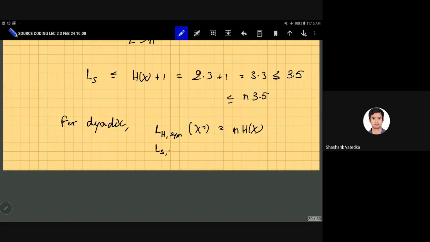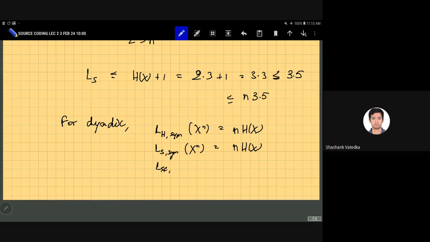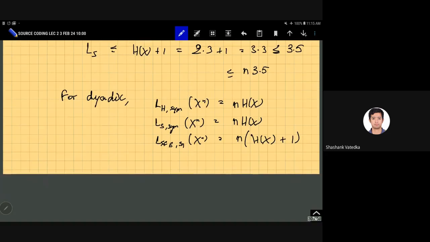Shannon symbol-wise of xn is equal to n times h of x. Shannon-Fano-Elias symbol-wise of xn is equal to n times h of x plus 1 bits.